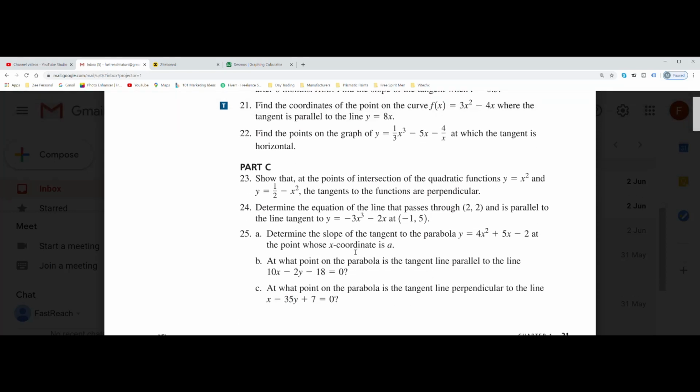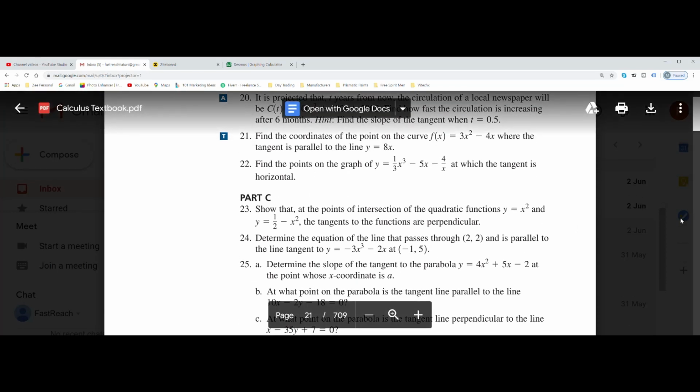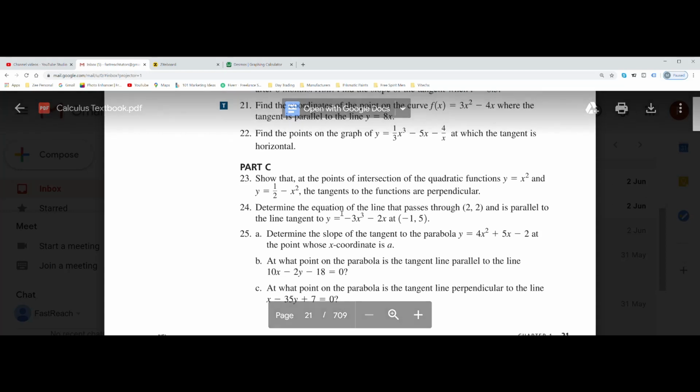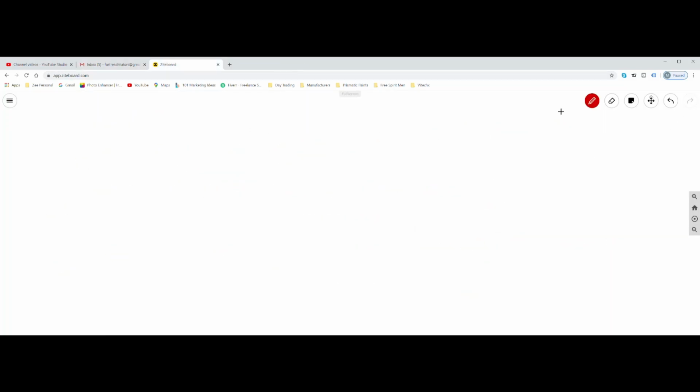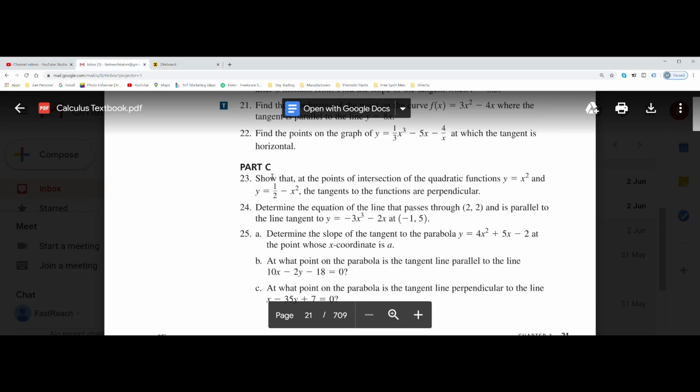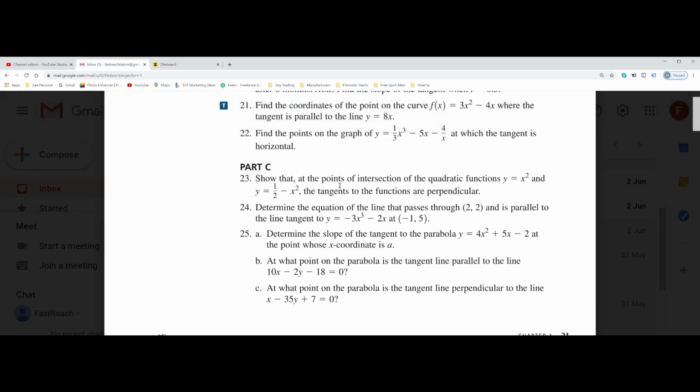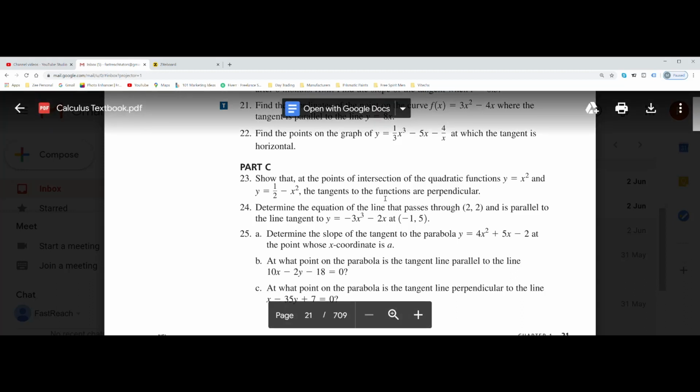Now 22. So we're going to do 23. We want to find the points of intersection of the quadratic functions.